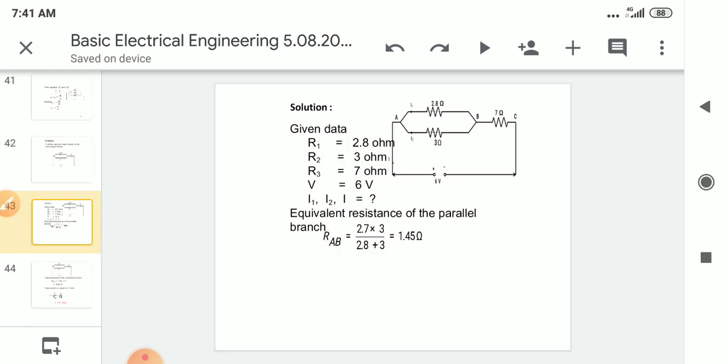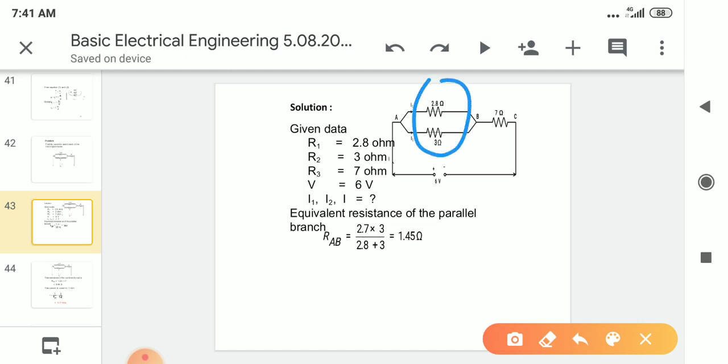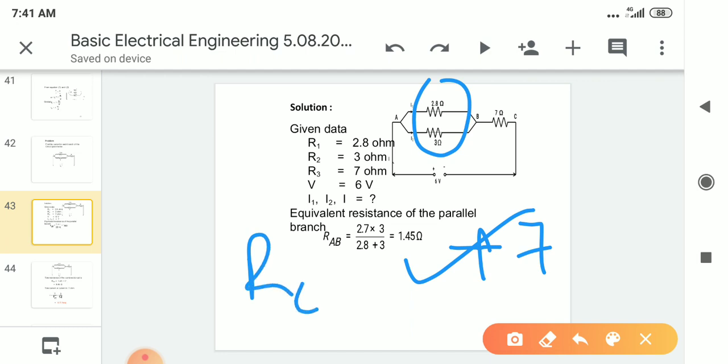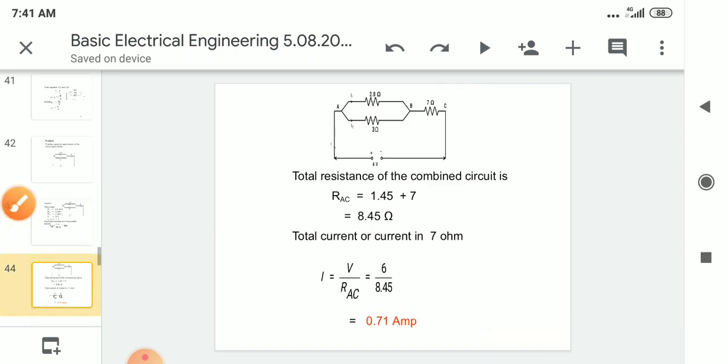For finding this equivalent resistance, we calculated 2.8 into 3 by 2.8 plus 3, which gives 1.45, and this equivalent resistance is combined with this 7 ohms resistance. Total RAC is RAB plus this also. Then we are getting the total resistance as 8.45.